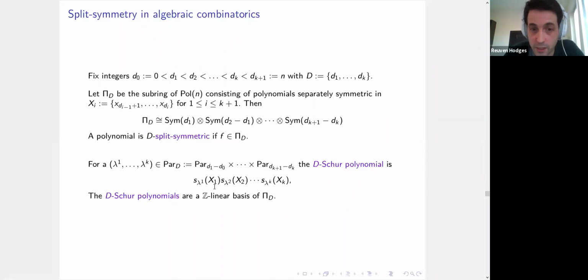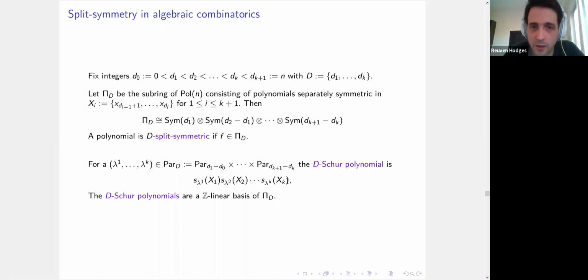This here is the Schur polynomial associated to lambda 1, with some collection of variables. And then this is the Schur polynomial associated to lambda 2 in another set of variables. You just take one of these Schur polynomials for each of the lambdas in your sequence, and take the product of these, and this gives you an associated d-Schur polynomial.